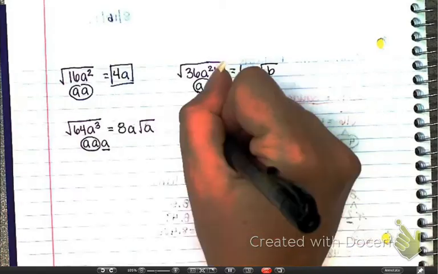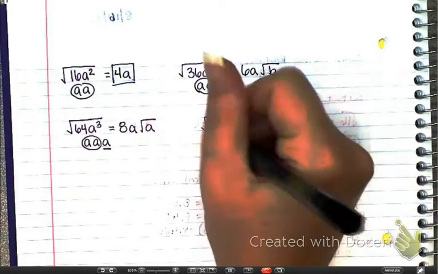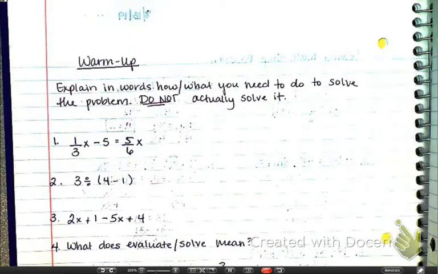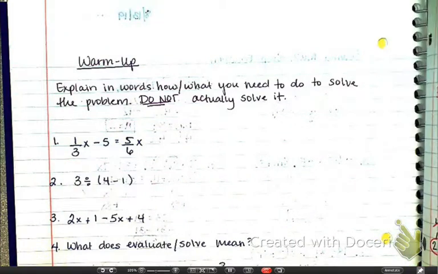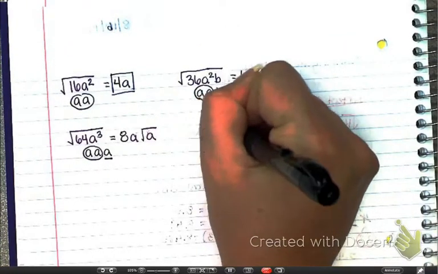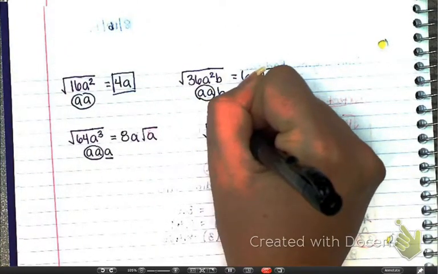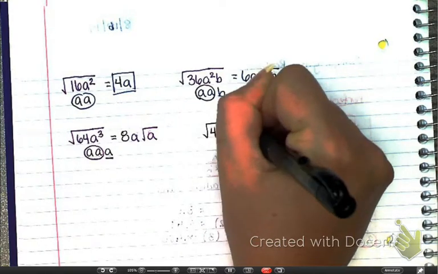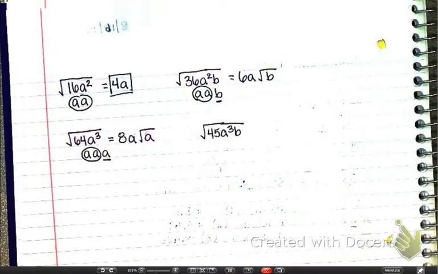Let's do the square root of 45a to the 3rd b.